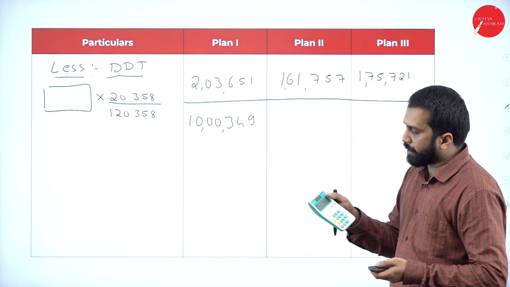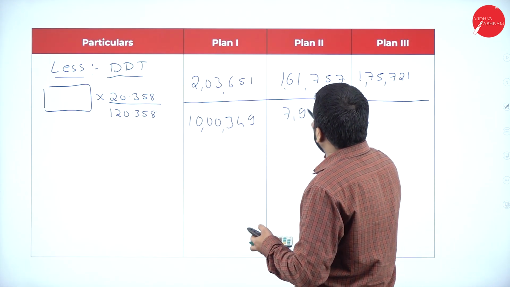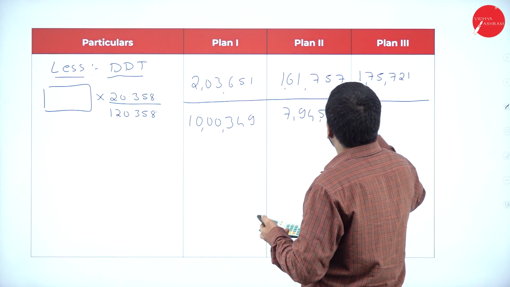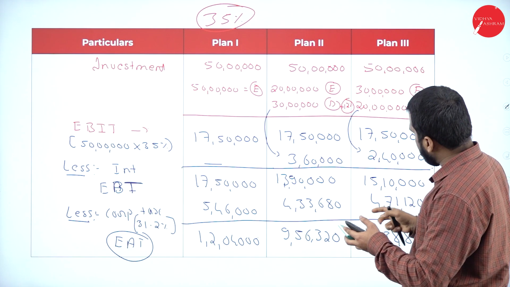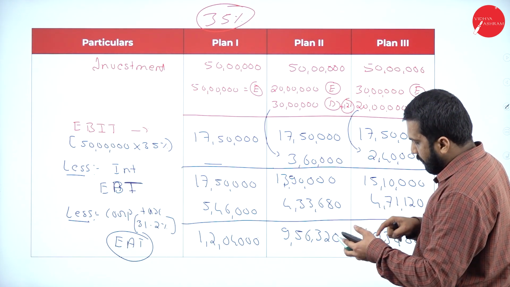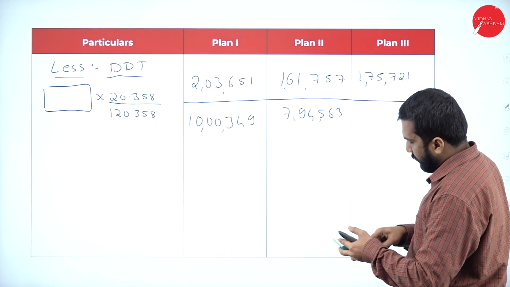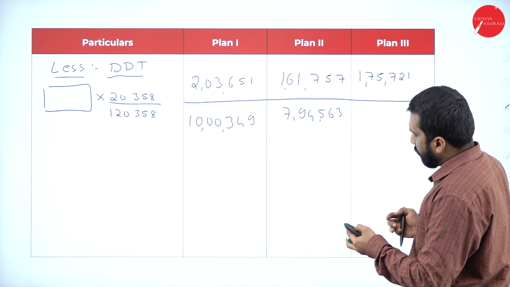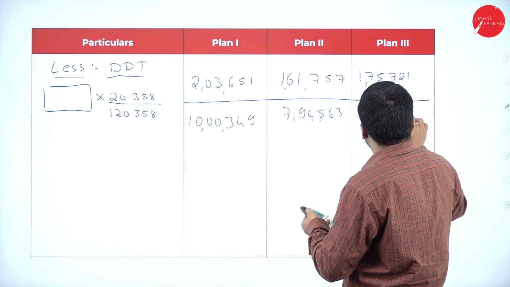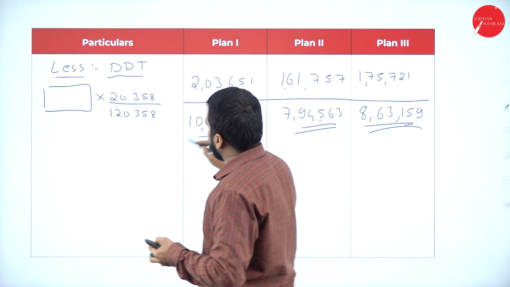I got 7,94,563. And the last one, 10,38,880 minus 1,75,721. I got 8,63,159. So this answer I got.